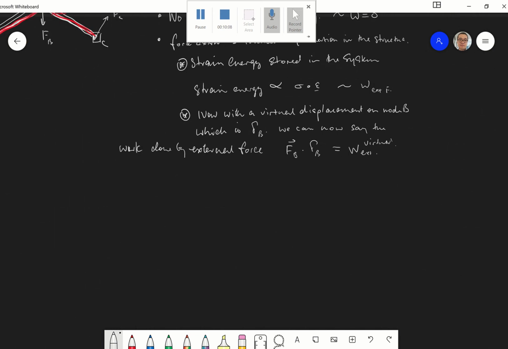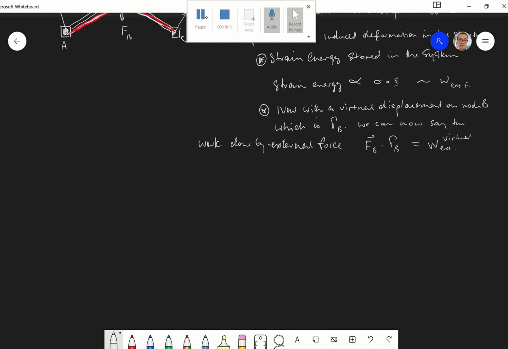So that means we have the external work done by the external forces equal to the internal energy being stored in this system, whereby this W external is our FB times delta B, and this here is basically our strain energy in the system.